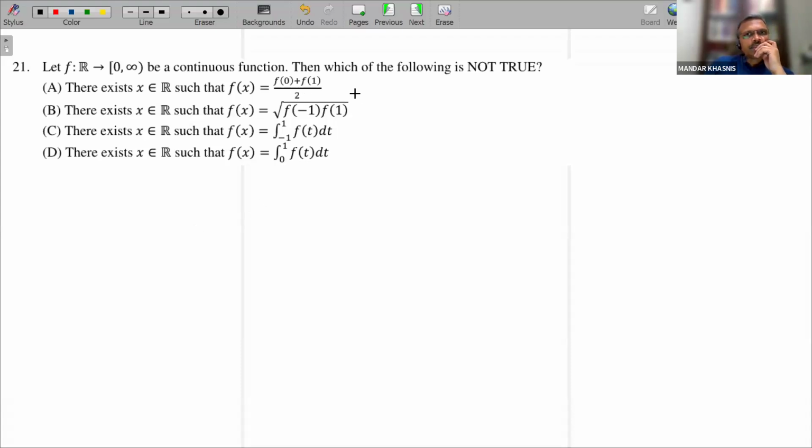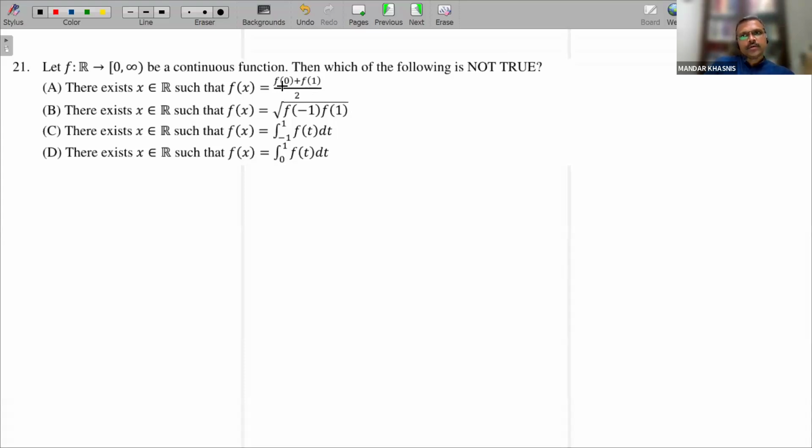So, can someone throw some light? Very nice. See, this is the arithmetic mean, which always lies between f(0) and f(1). It's going to lie between f(0) and f(1), and hence that will be attained by the intermediate value theorem.